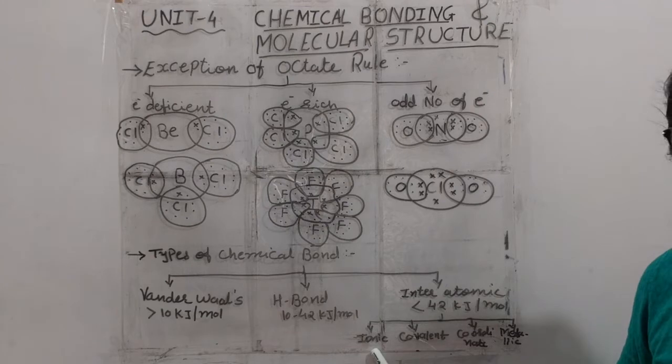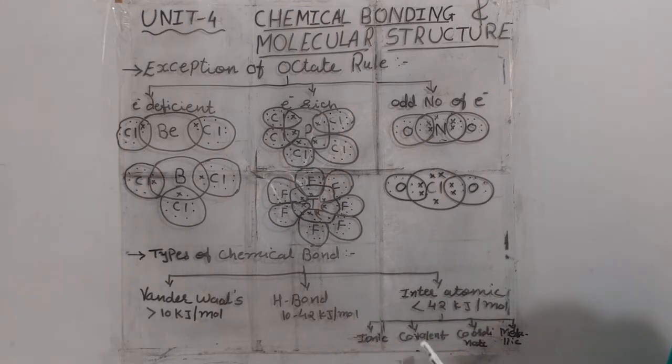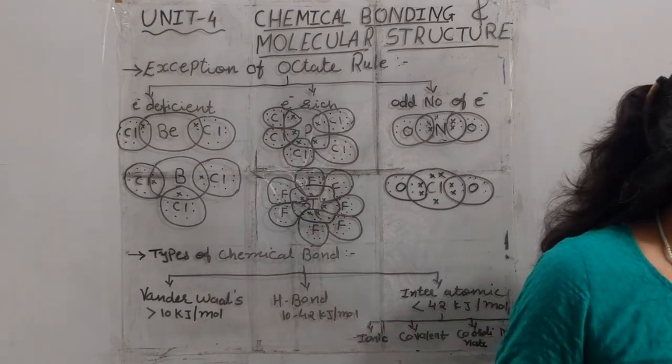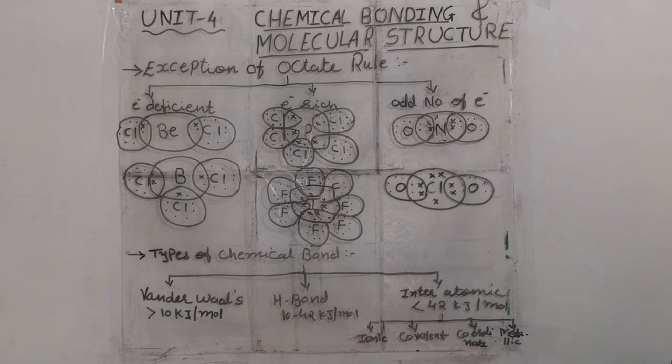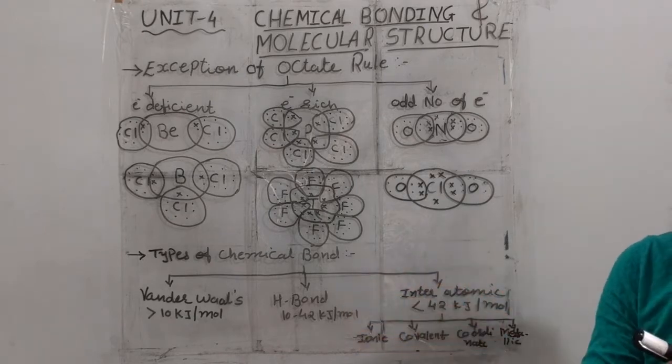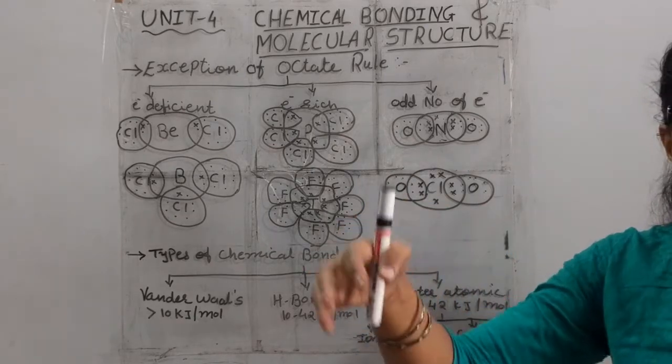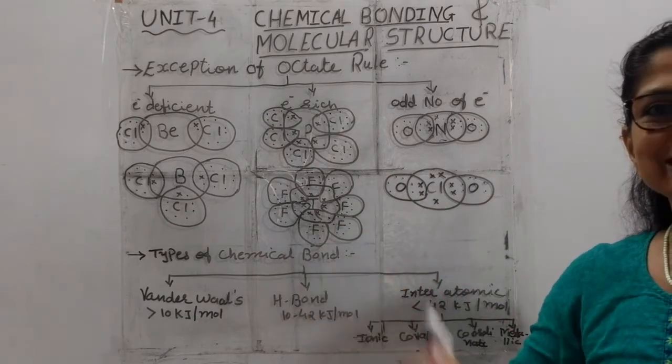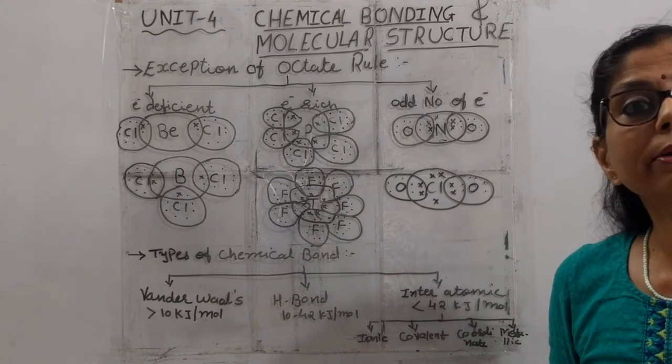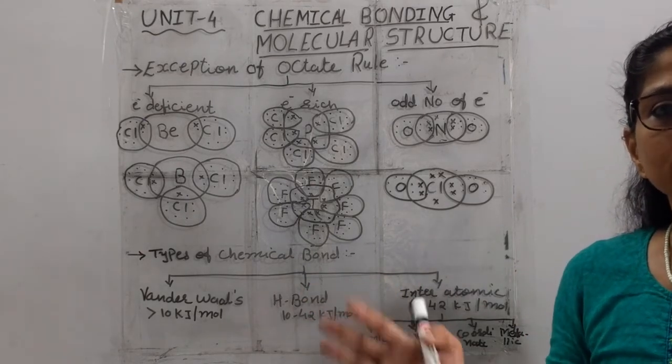You know that there is a cation and an anion. Then another one is the covalent bond, in which, as you know, there is sharing of electrons. The third one is the coordinate bond, in which one atom is only giving; it is not ready to accept from the other atom.